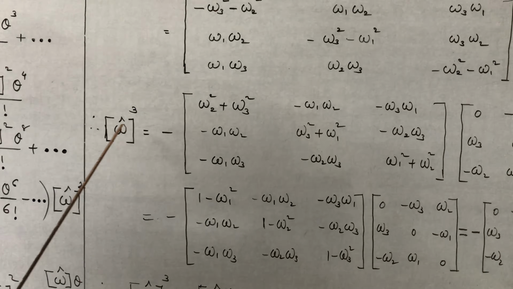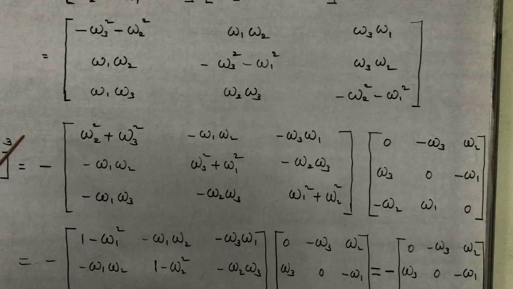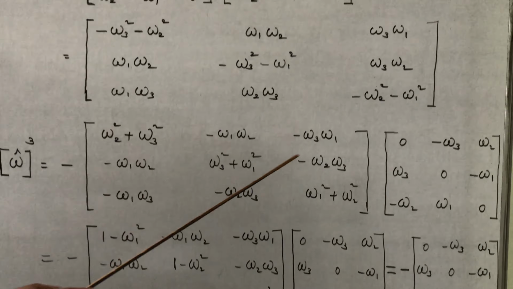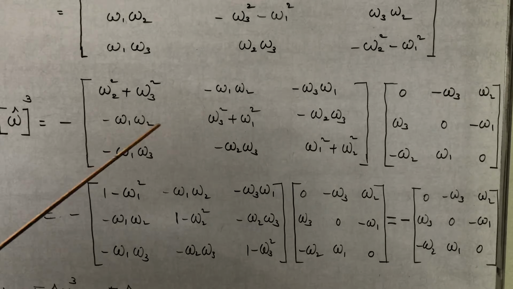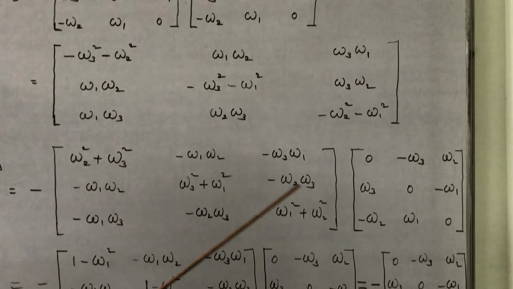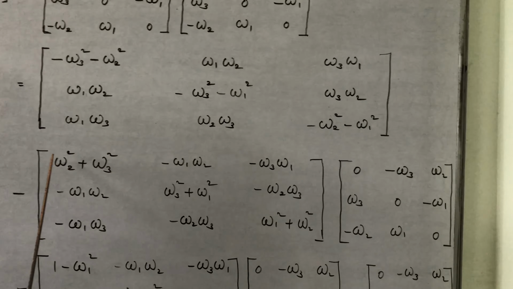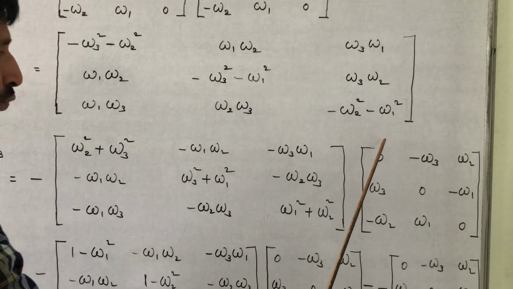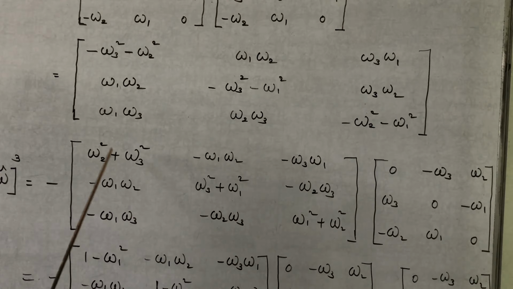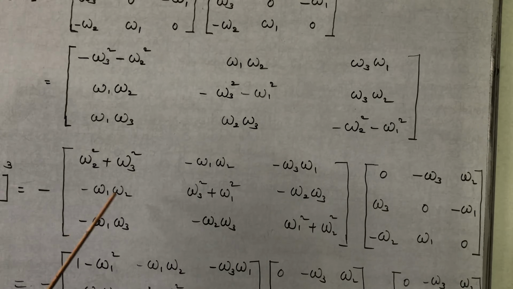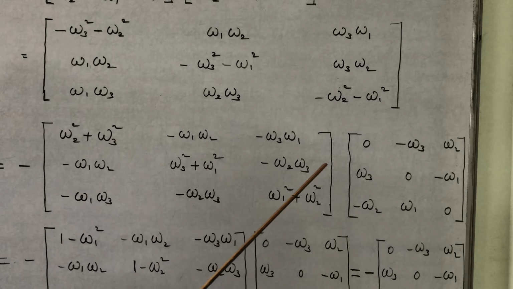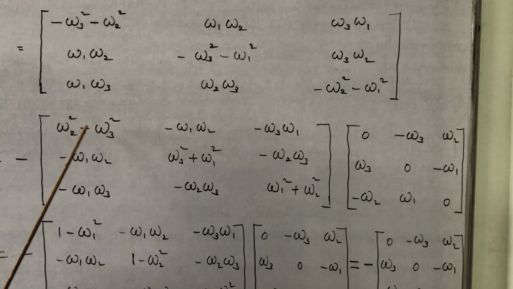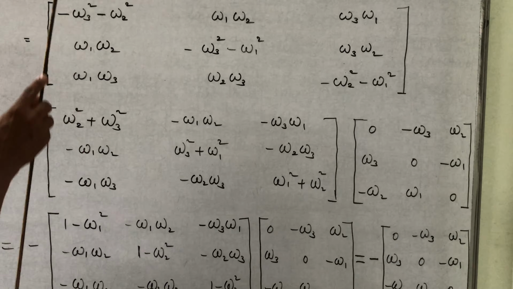Now we want the cube. So further multiplying the same matrix, then after that the same omega cap. So omega cap cube is this matrix into this one. See here, the first row, initially I have written this way. I have not simplified it, but omega is a unit vector.